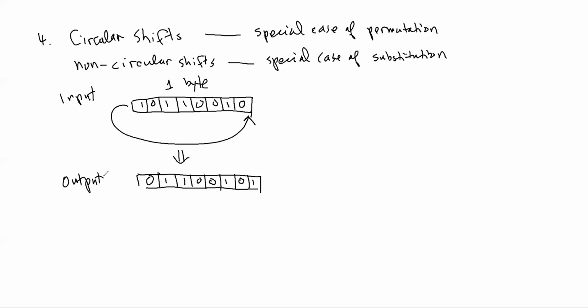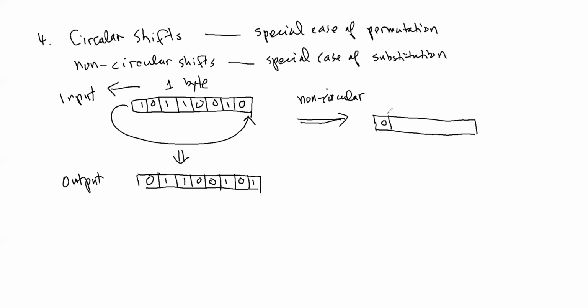So if it's a non-circular shift, then you get a substitution. So you do a shift to the left by 1 bit, but it is non-circular. So what you're getting then will be this 1 bit is out.